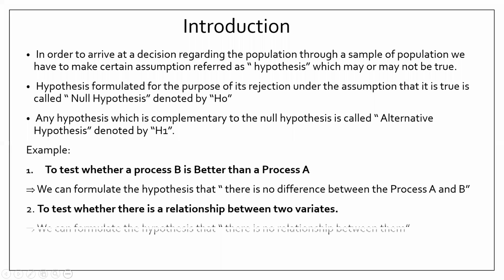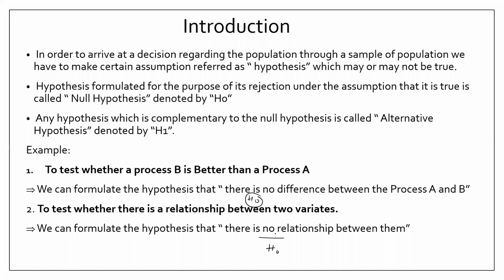This is your null hypothesis, H naught. In the previous case also, there is no difference between process B and process A. And here, there is no relationship between the variables as your H naught.